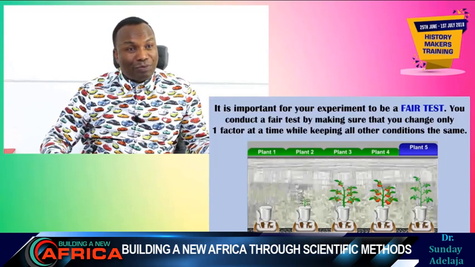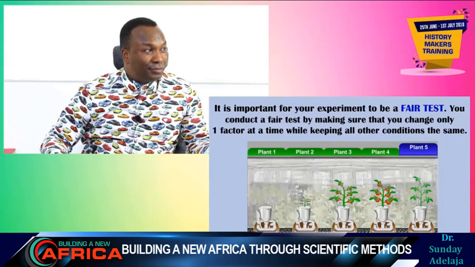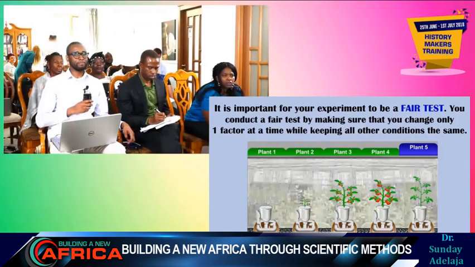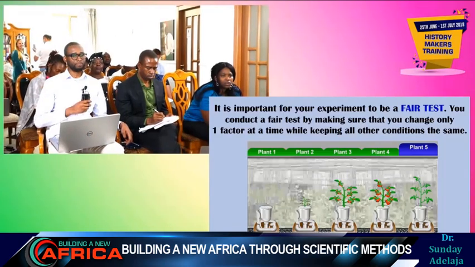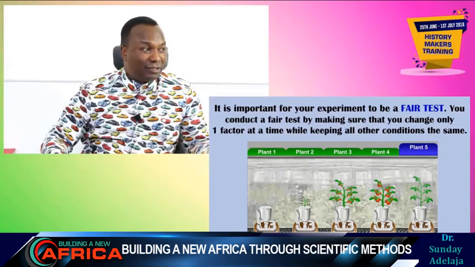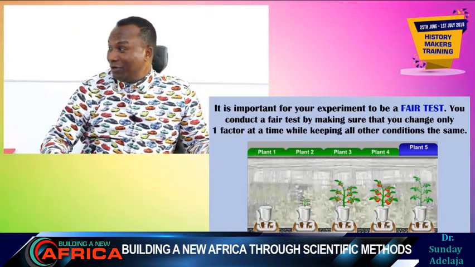It is important for your experiment to be a fair test. You conduct a fair test by making sure that you change only one factor at a time while keeping all other conditions the same. Is that understood or not? Just like the explanation about salt.